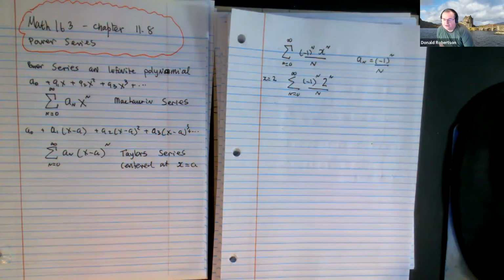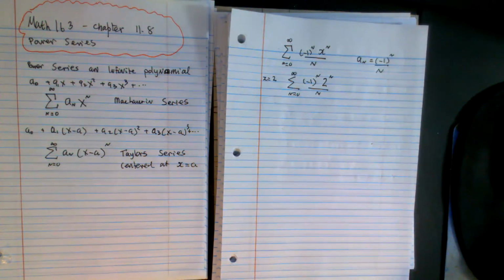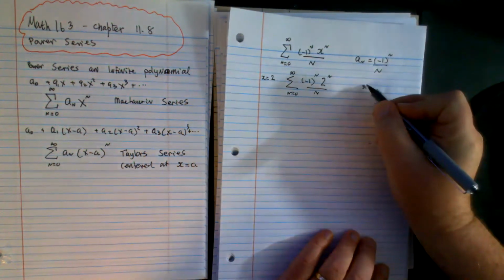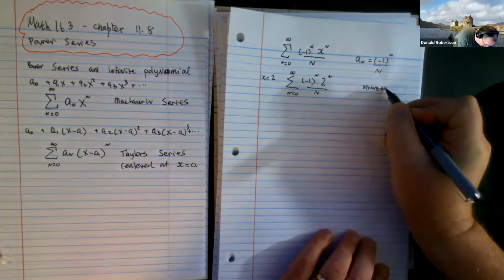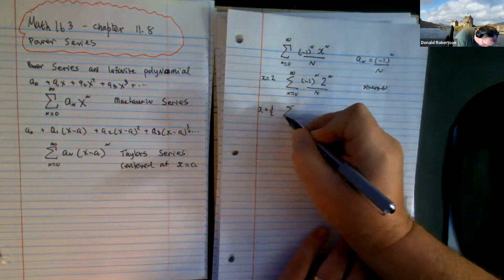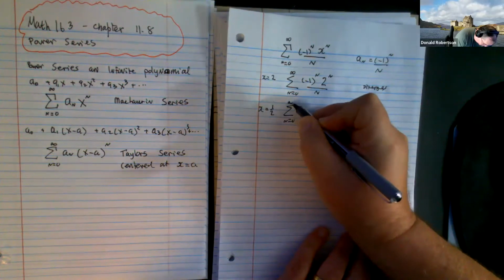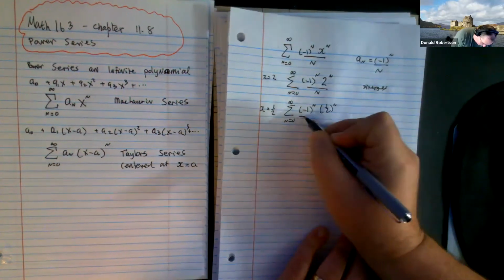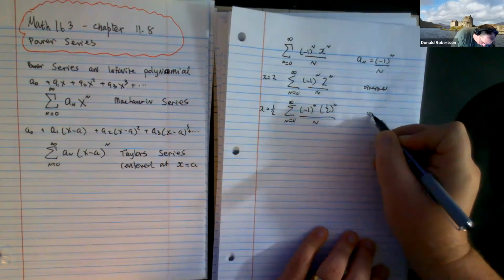Any gut feelings? Does this converge or diverge? I think it diverges. It does. But if I took x equals 1/2, the power series I would get would be that one, and this one converges.